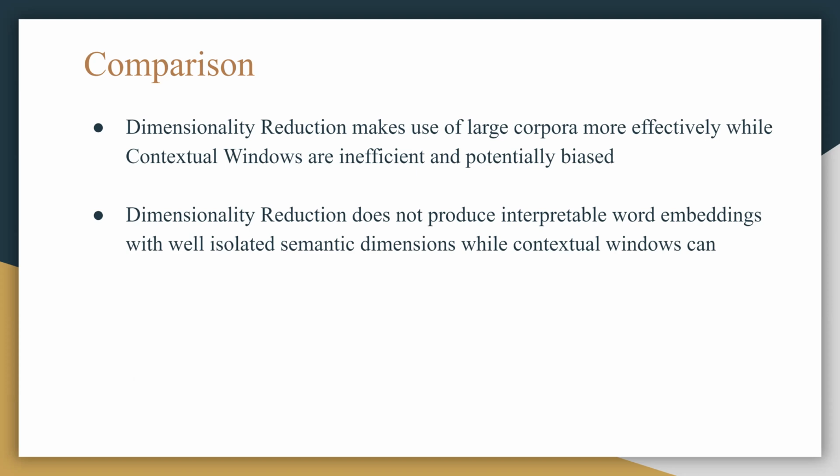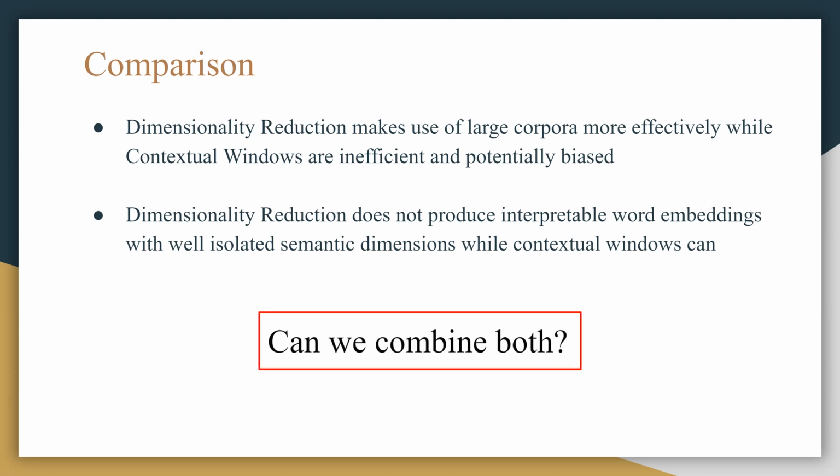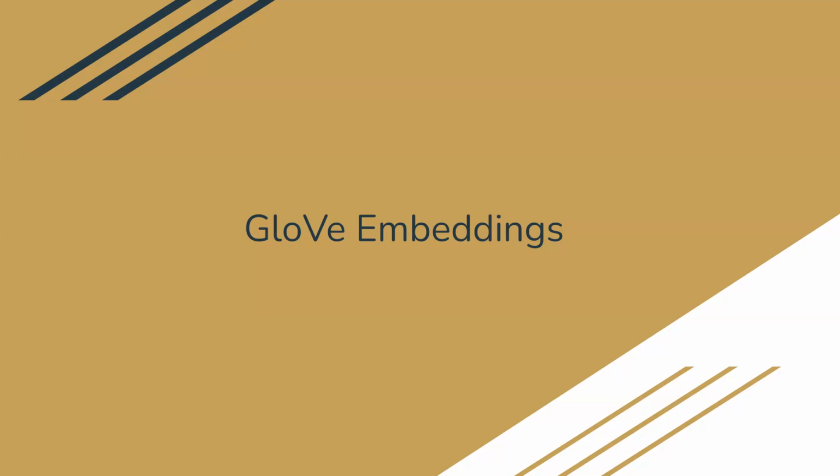However, prediction in contextual windows has been shown to produce interpretable word embeddings, which cluster related words together and have dimensions that capture unique semantics. The key question then is how can we combine both of these? This is what the authors of the paper have succeeded in doing. So now my teammate Rushil will describe this in detail.